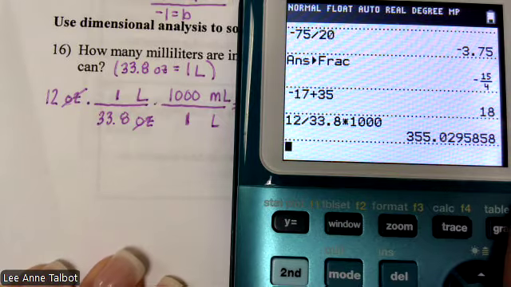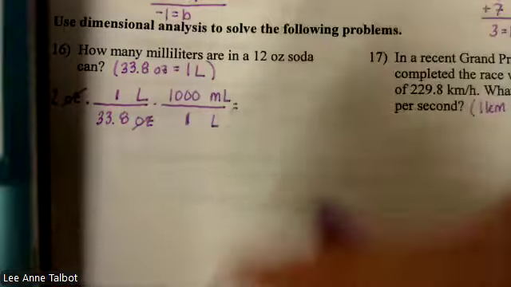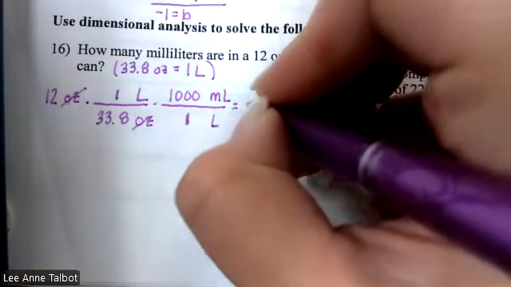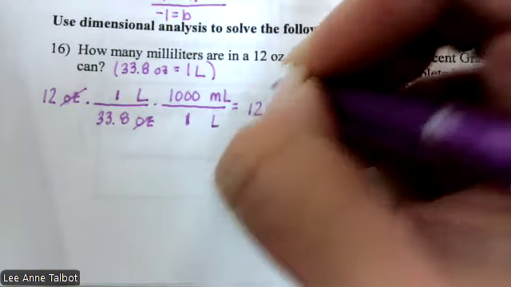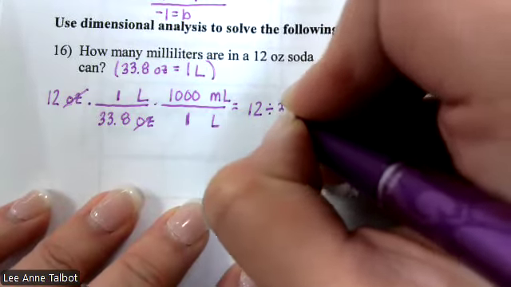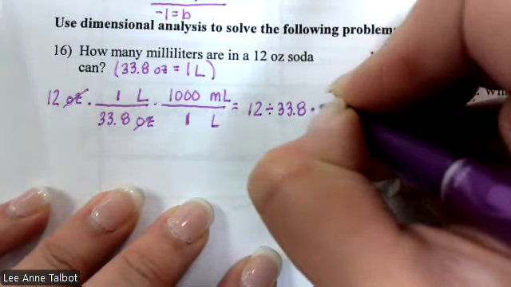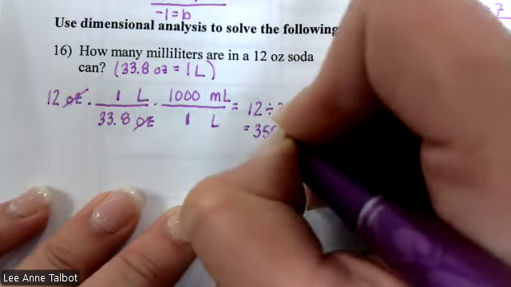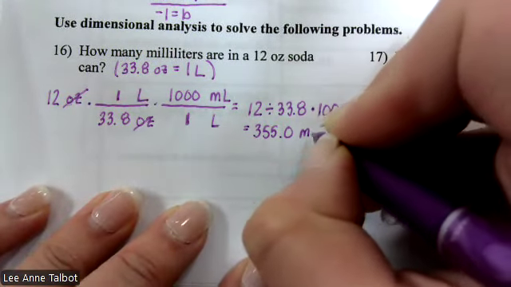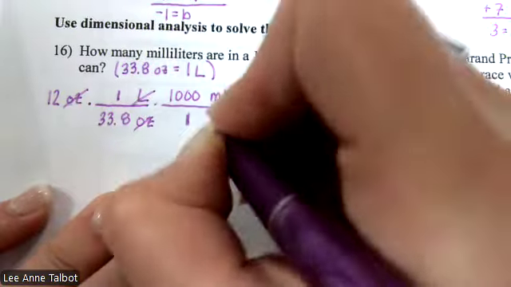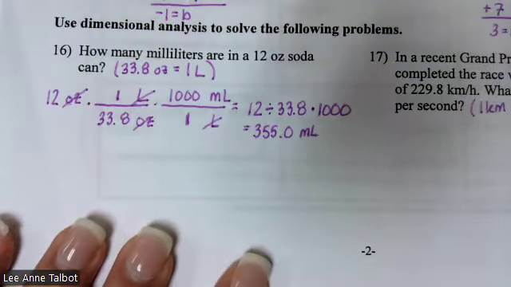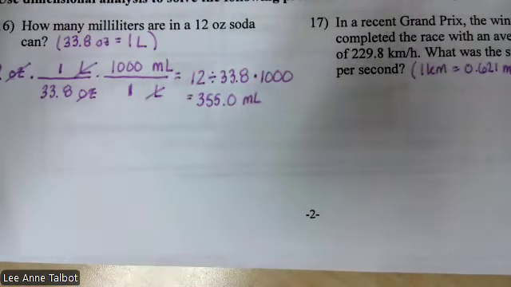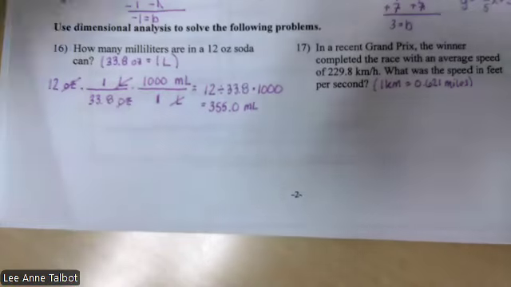Nope, it's just 355.0. I'm going to do 12 divided by 33.8 times 1,000. 355.0 milliliters. So next time you have a soda, you got to check the side of the can.